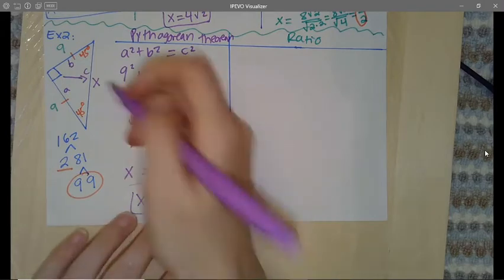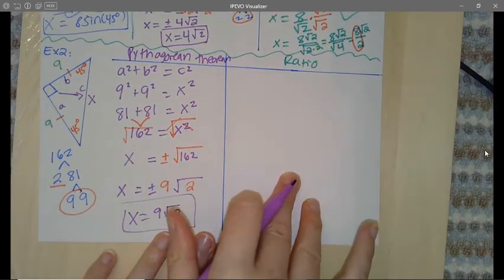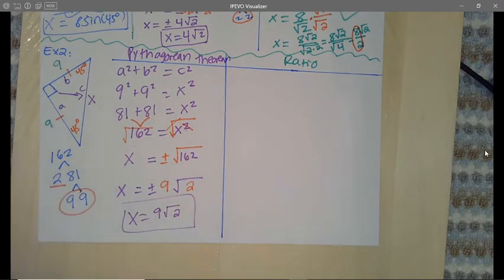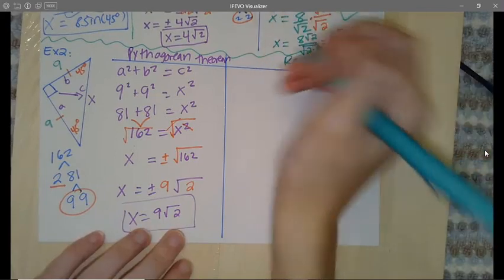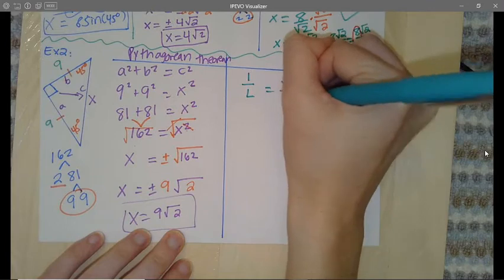Alright, so we know our missing side already, but I'm also going to show you that you can solve using the ratio and you'll get the same thing, so get excited. Our ratio for a 45, 45, 90 triangle is 1 over the leg equals root 2 over the hypotenuse.